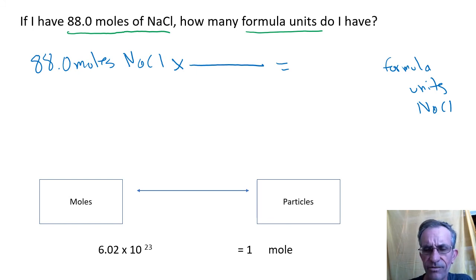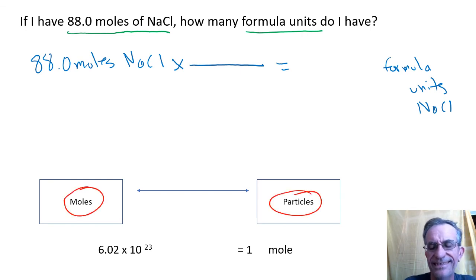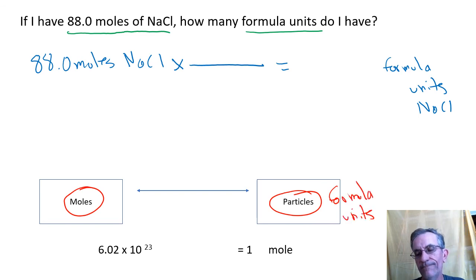So I kind of have it start on the bottom. Let's remind ourselves, moles to particles. Moles to particles. This time the particles are not atoms, not molecules. They're formula units. So that's what we're trying to do. Could be atoms in another problem. Could be molecules in another problem. But for right now, it's formula units.